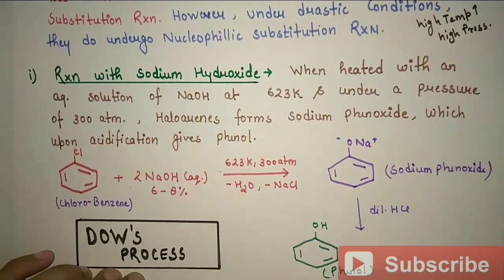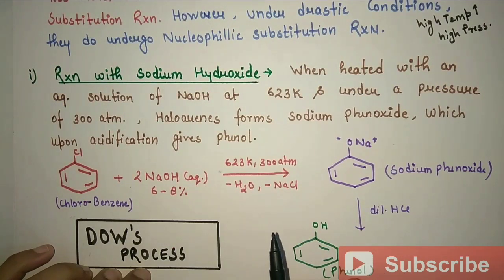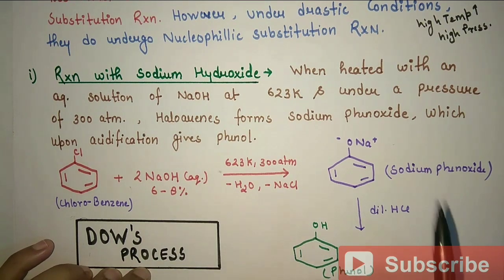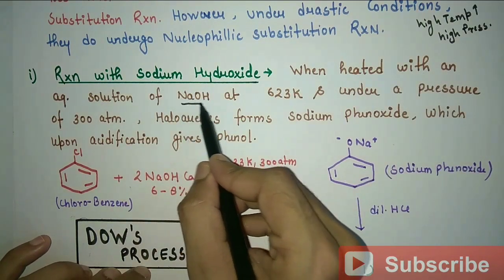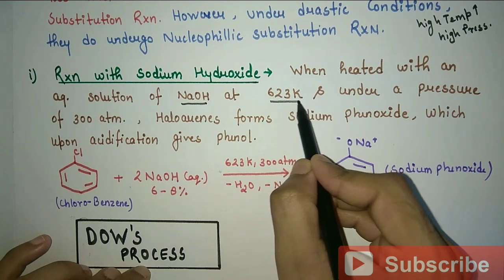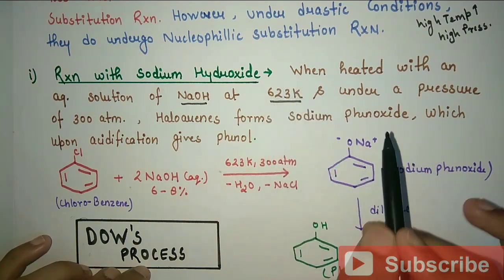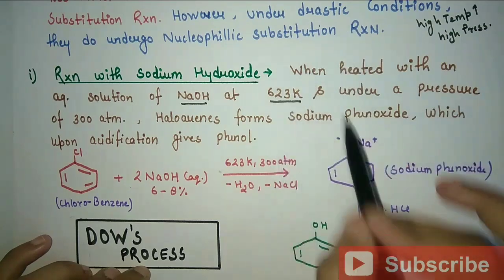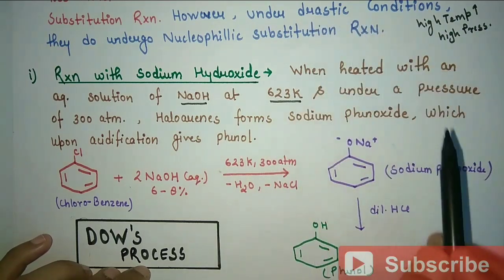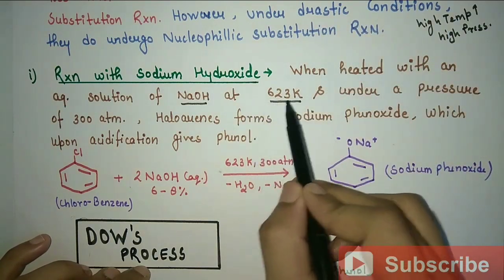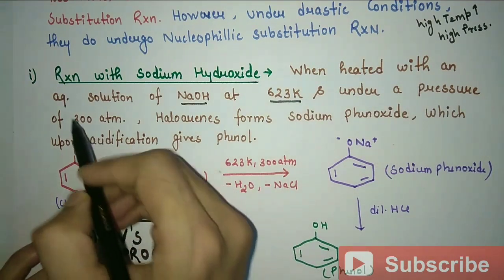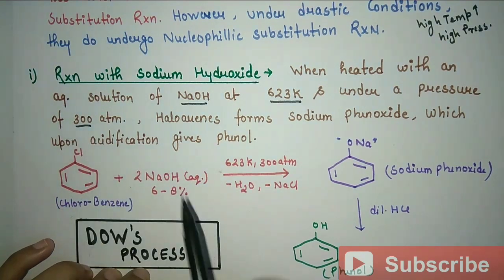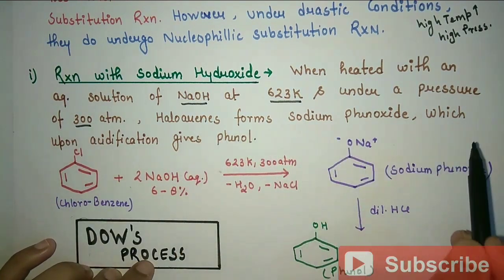The first nucleophilic substitution reaction is the reaction with sodium hydroxide. When they are heated with an aqueous solution of sodium hydroxide at 623 Kelvin, which is a very high temperature, and under a pressure of 300 atmosphere, haloarenes form sodium phenoxide.